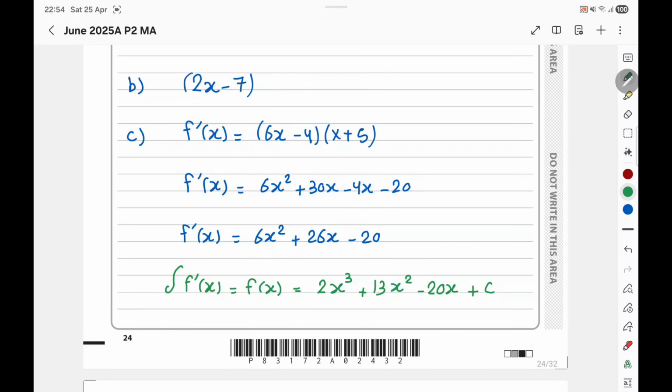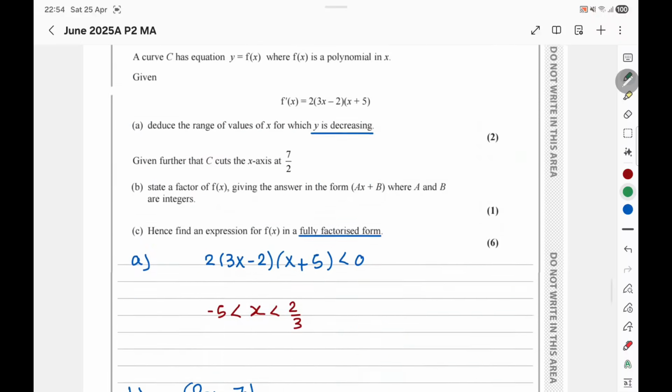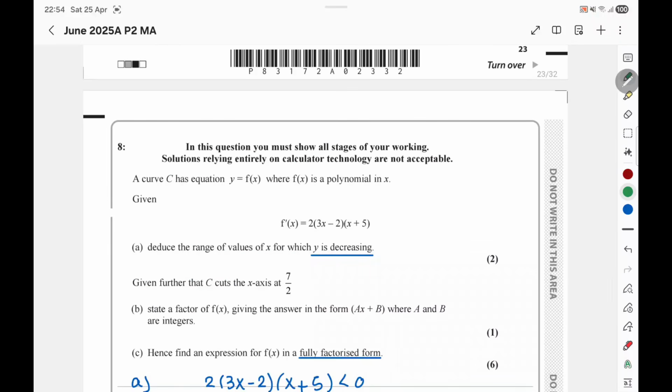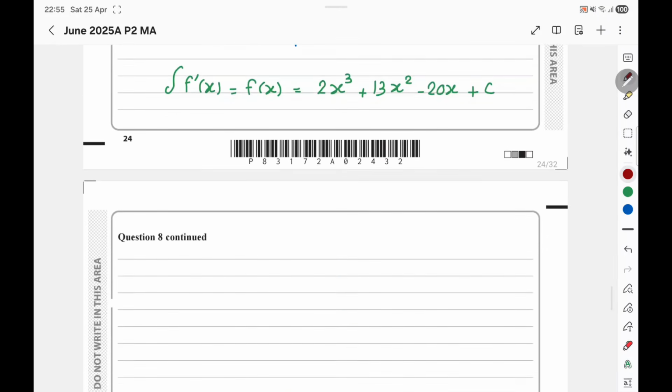c is the constant. We have been given that C cuts the x-axis at 7 over 2. This means that there is a point where the x-coordinate is 7 over 2 and the y-coordinate is 0. I can use this point in order to find c.